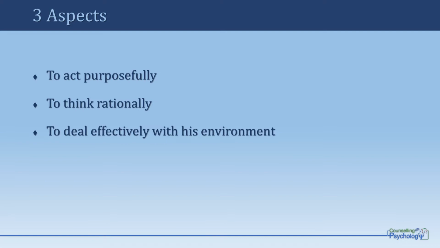And number three, to deal effectively with his environment, that is, getting adjusted, adapted to the environment in which he or she lives. So now you must have understood that what we generally consider as intelligence, like score in exams or formal education as mentioned at the starting, are part of intelligence and not the whole intelligence.